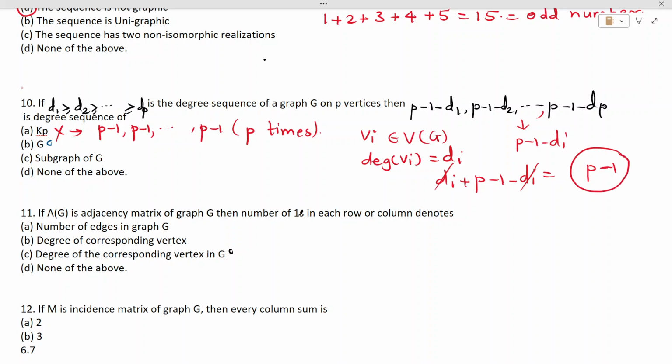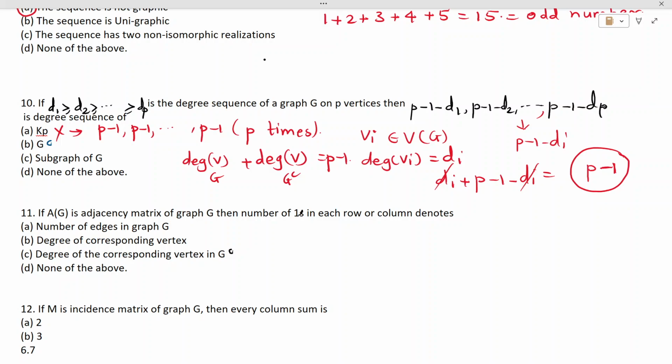This is possible only when this is the degree sequence of G complement. Why? Because the degree of vertex V in G plus the degree of vertex V in G complement is always P minus 1.